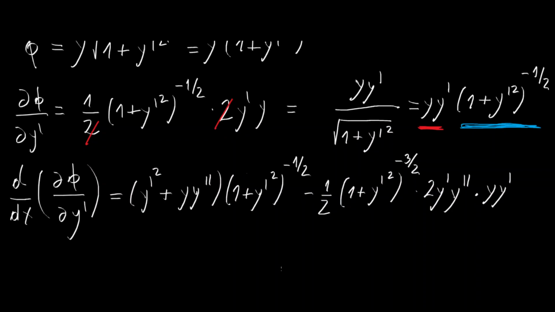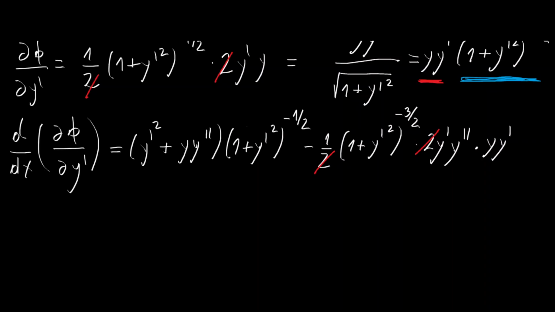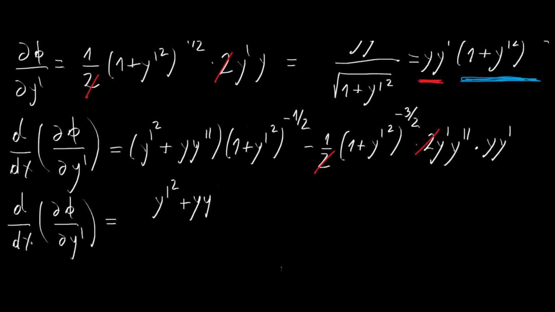Well, there are a lot of things here that we can simplify. If we simplify this expression, I will write it below here. We can reach the following result. It's y prime squared plus y y double prime.